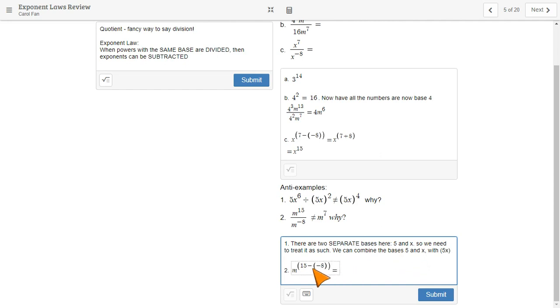Now, when I simplify this, my two negatives become a positive. So I have m to the power of 15 plus 8, which would give us m to the power of 23. And so this doesn't work because we didn't subtract here. This is subtraction, and that gives us a different answer.